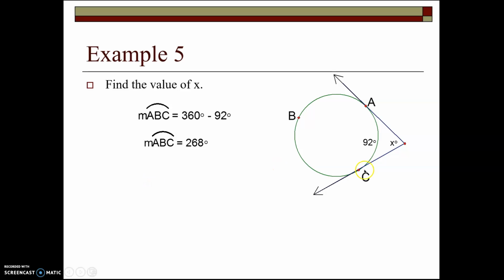So the angle, as these tangents intersect outside the circle, X, is equal to 1/2 of the major arc minus the smaller arc, 92, which gives us 176, and 1/2 of that, or divide 176 by 2, you get X equals 88.